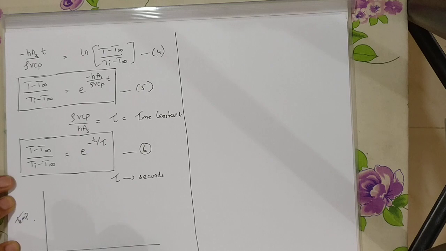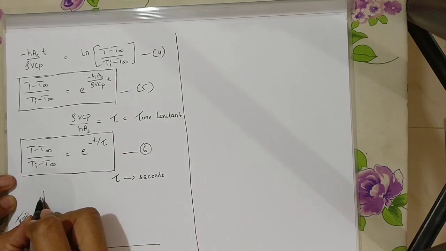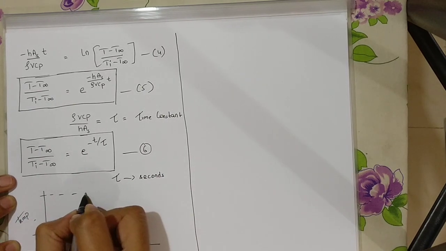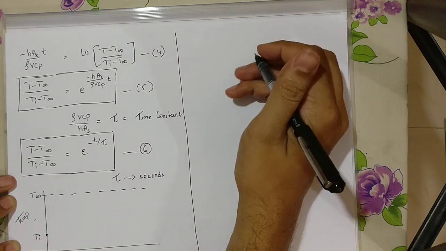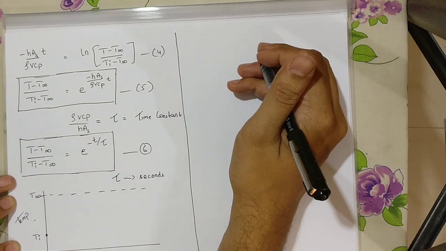Temperature versus time. So the body was initially at t equal to 0, the temperature was Ti, right? And the temperature of the environment was T infinity, right?